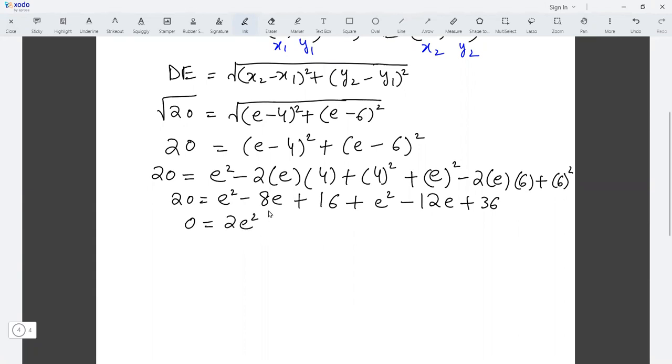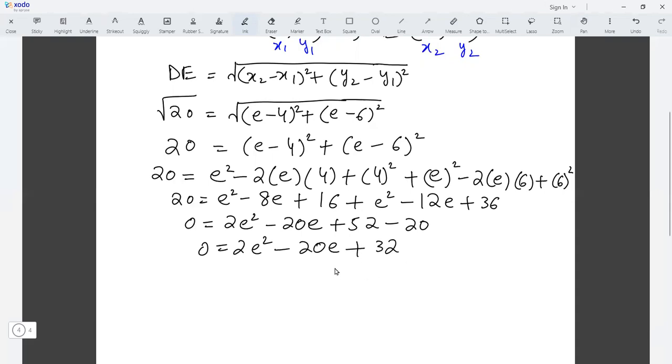That will be 2e squared, minus 8e and minus 12e gives us minus 20e. 16 plus 36 will give us positive 52, and minus 20, the 20 goes to the right hand side so it will be subtracted. So 0 equals 2e squared minus 20e, then 52 minus 20 will be 32.